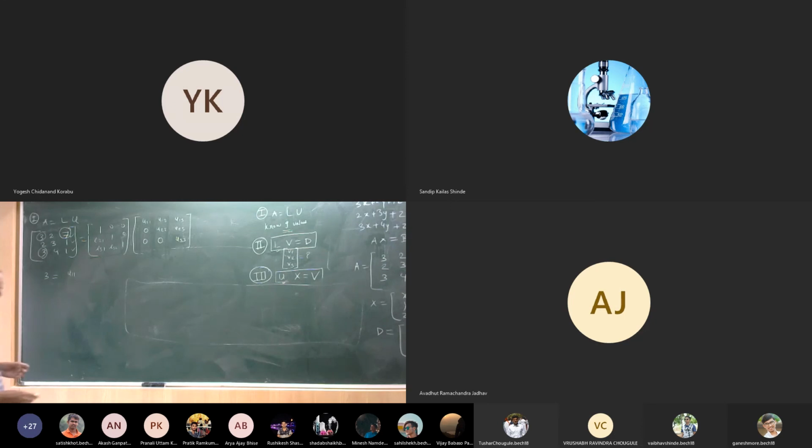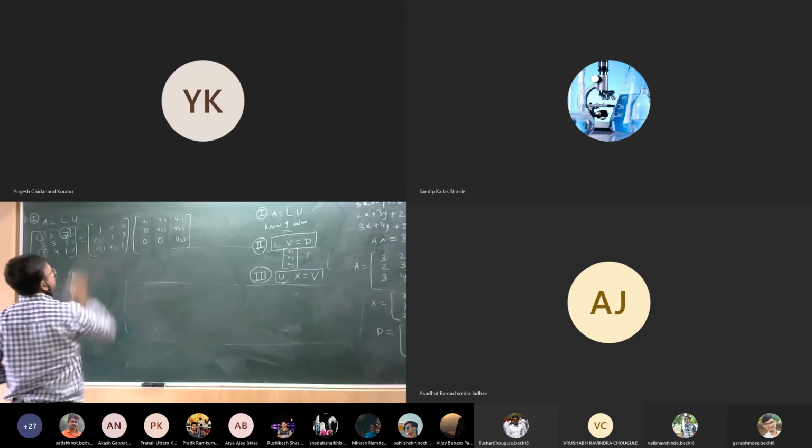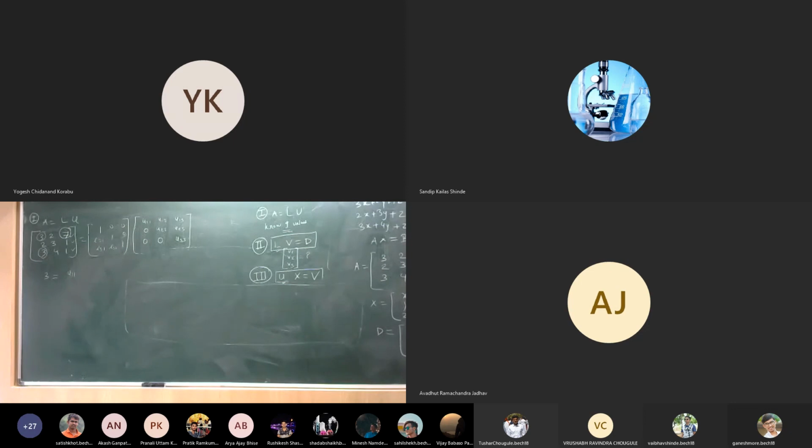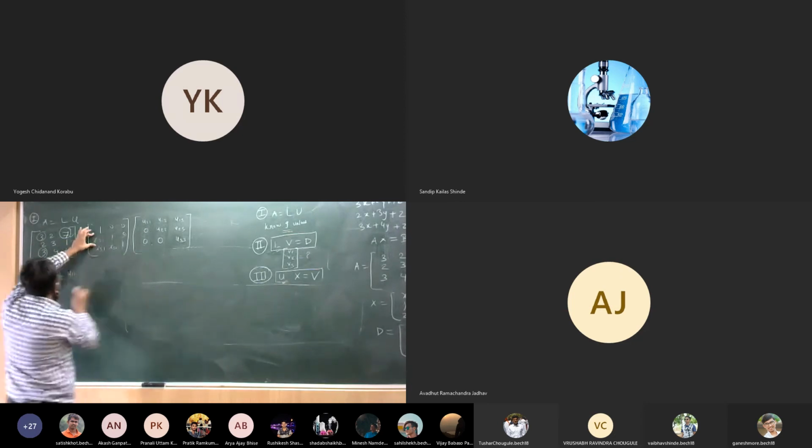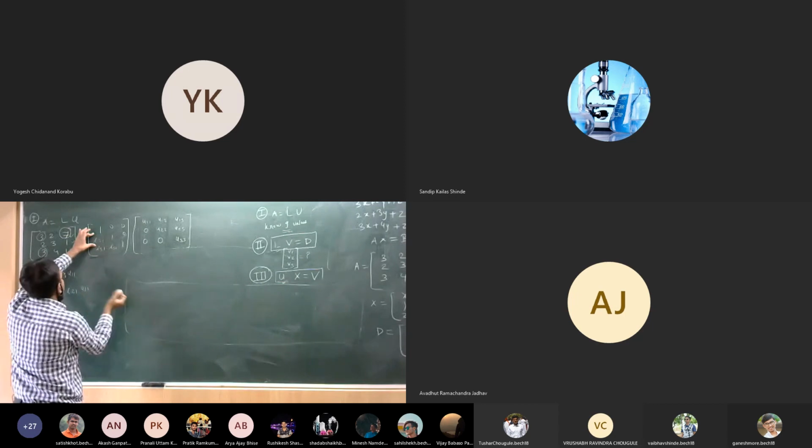Now we need to multiply this row with this column, L21. That would be attached to 2. So 2 is equal to this row with this column: L21 into U11 into 1 into 0, 0.